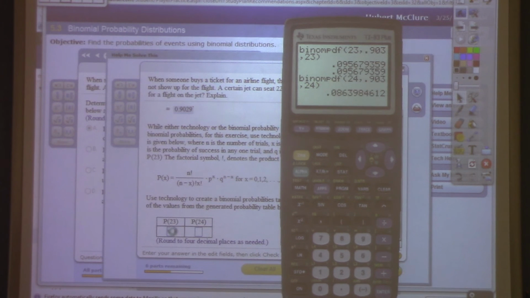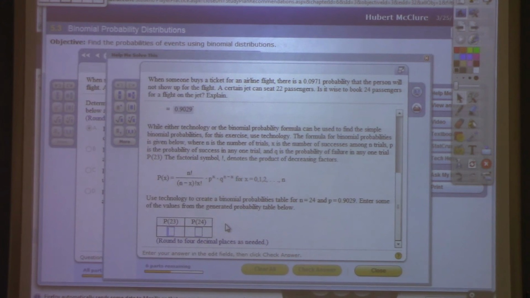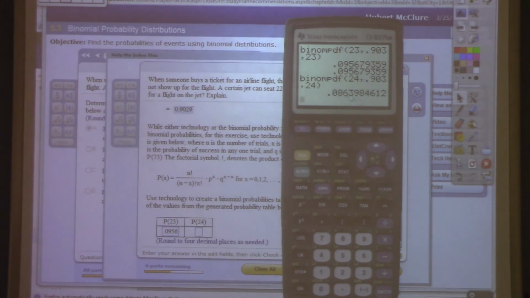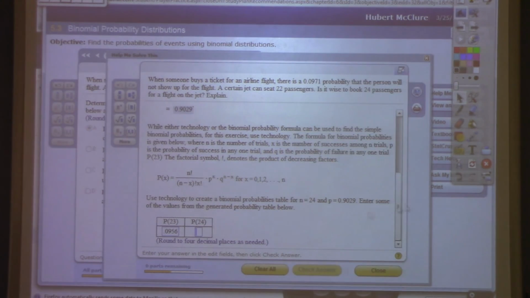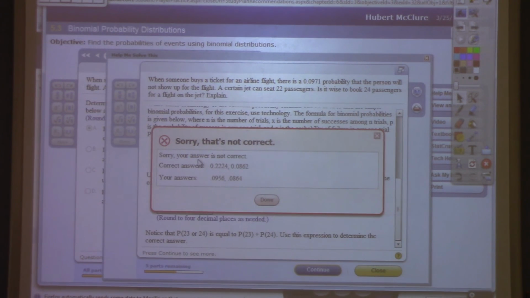Well, let's see what they say to type in. 0.0956, and we got 0.0864. And they get those numbers, 0.2224 and 0.08. Okay, now we must be typing in something wrong, because those two are right on the money. I must be typing in something wrong.